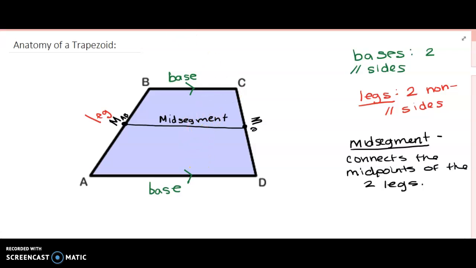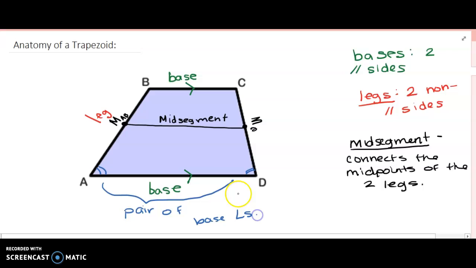All right, the next concept is kind of tricky to understand. We have one base down here. Both of these angles along the same base would be a pair of base angles. And the same thing up here, so here and here, these are a pair of base angles.